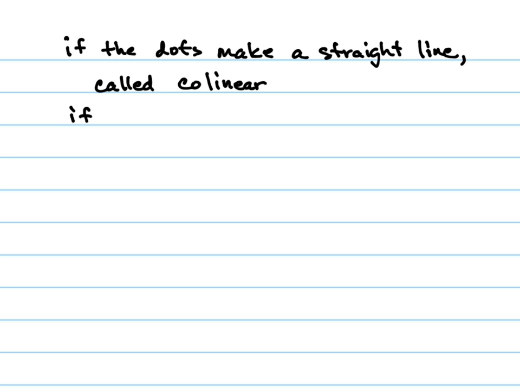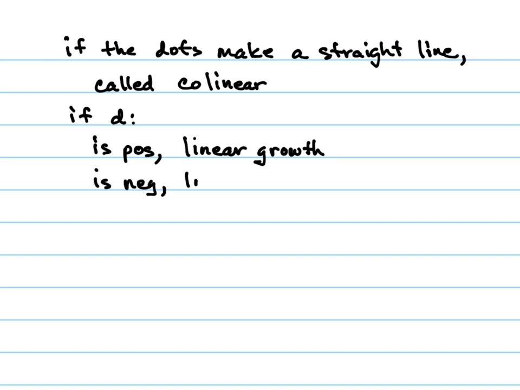And if d is positive, then what you have is linear growth. So in other words, as you go, the numbers keep getting bigger and bigger. But if d is negative, we have what is called linear decay. And so it keeps going down further and further. In other words, the numbers get smaller as you go. The common difference is causing it to decay, to get smaller. You're going to see how these are used in some patterns and some sequences later.